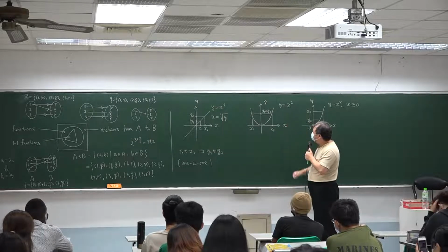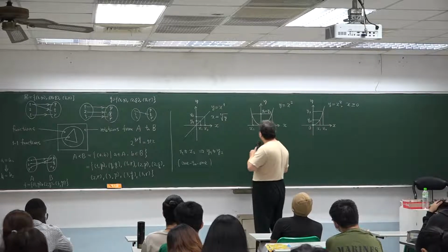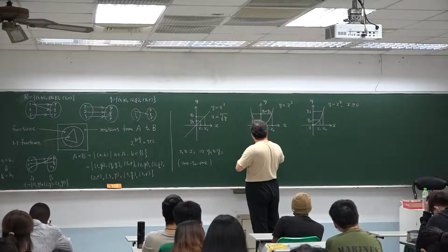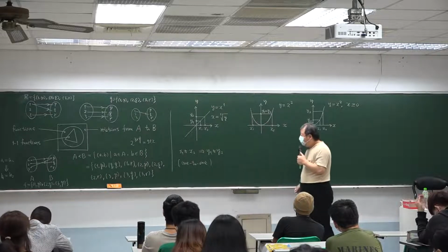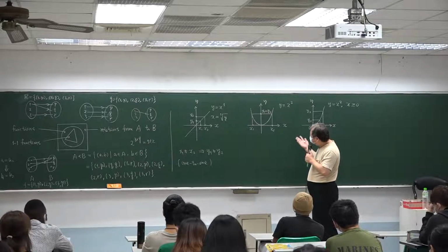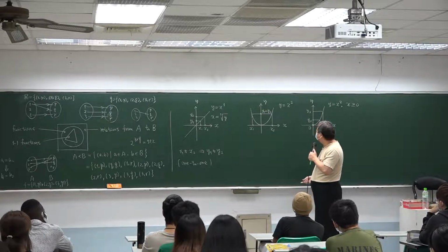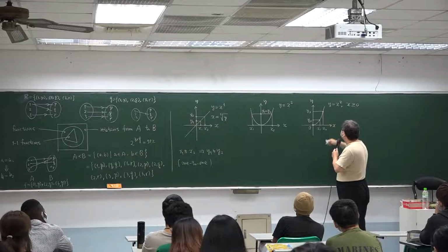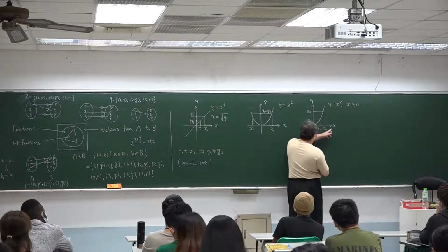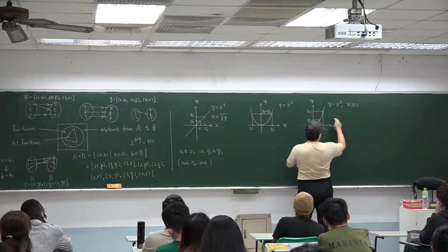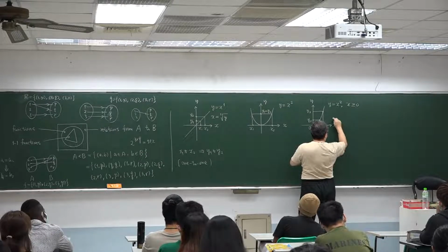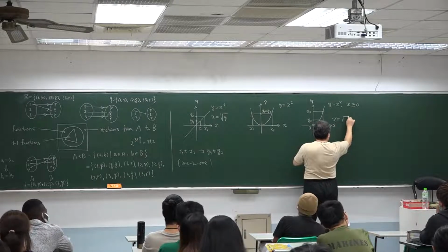But this one, because this function is not one-to-one, does not have an inverse. But this function is one-to-one. The inverse of this function, x, is also a function of y. We denote this one as x equals the square root of y.